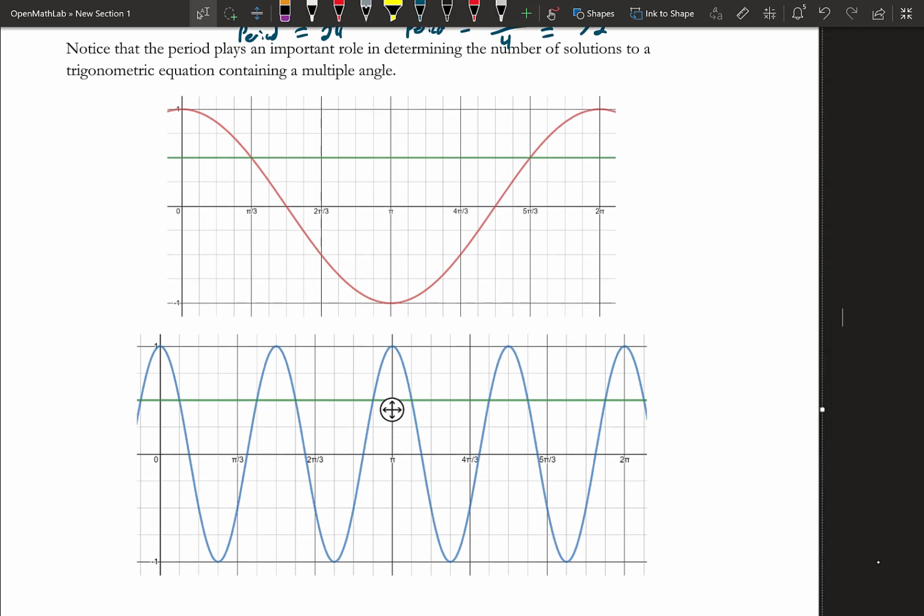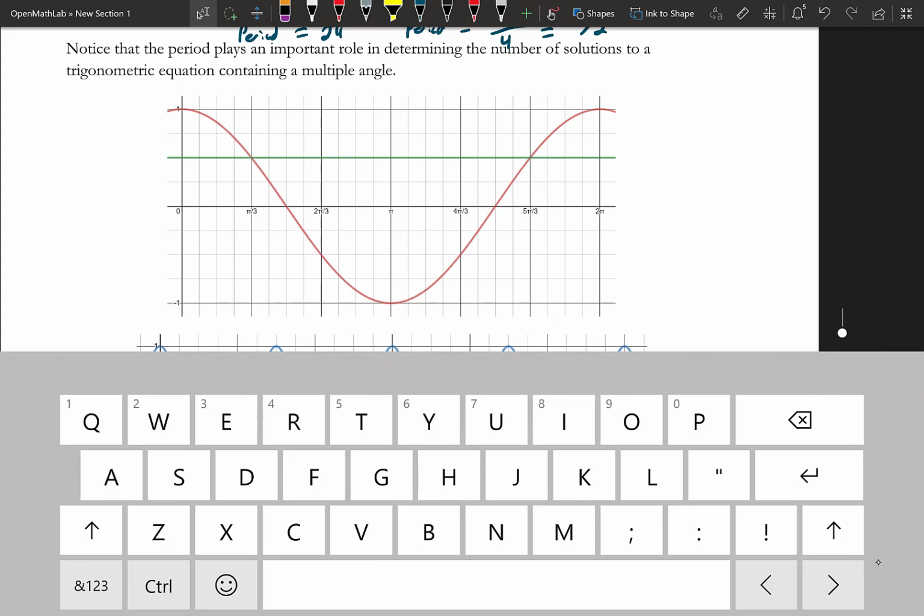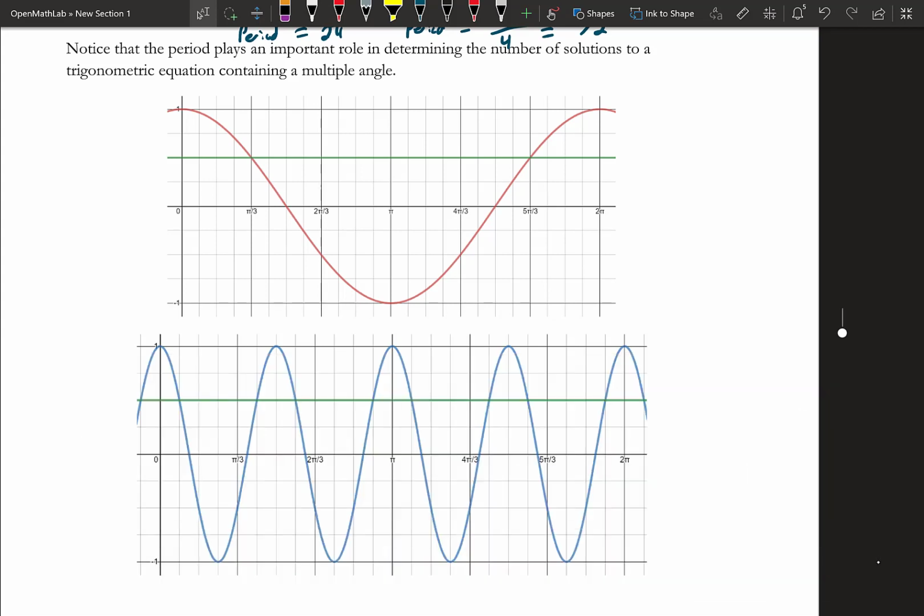I have this shown in the graphs below. In this first graph, I put y1 equals cosine of x and y2 equals a half. And then in the second graph, I put y1 equals cosine of 4x, and y2 equals a half. And we can see where they intersect, where the solutions are.